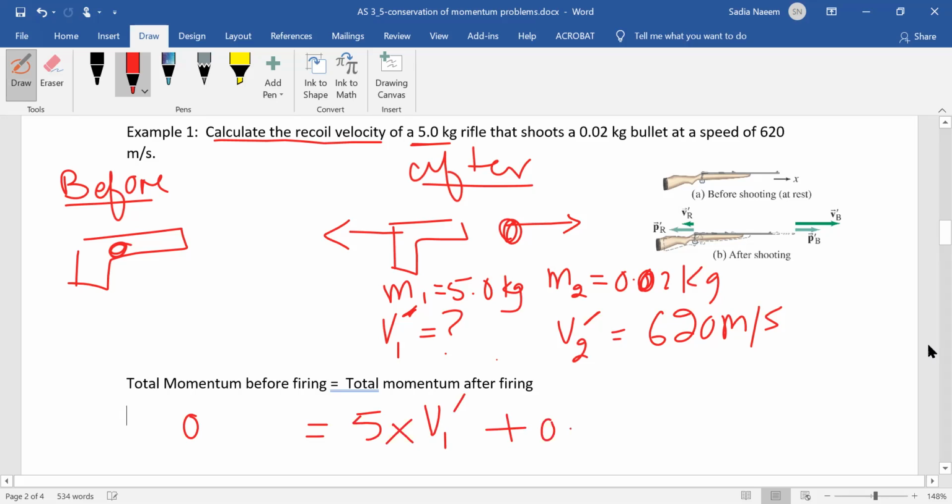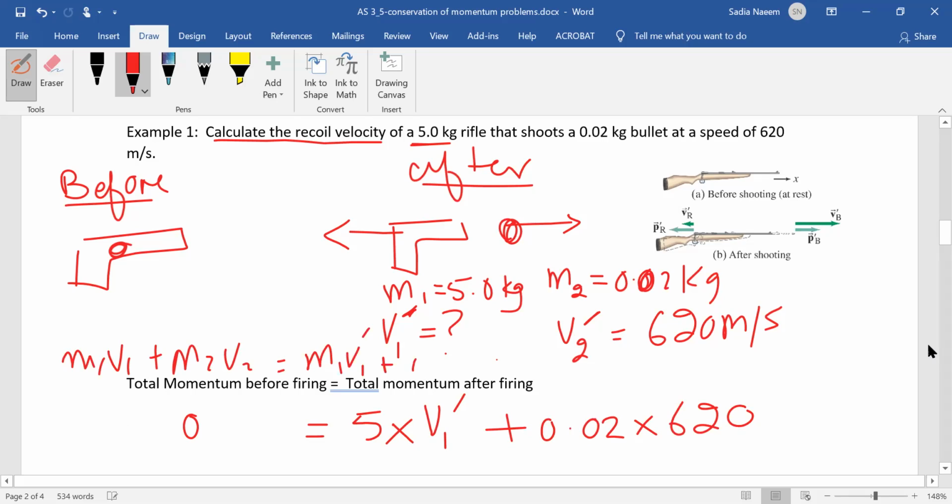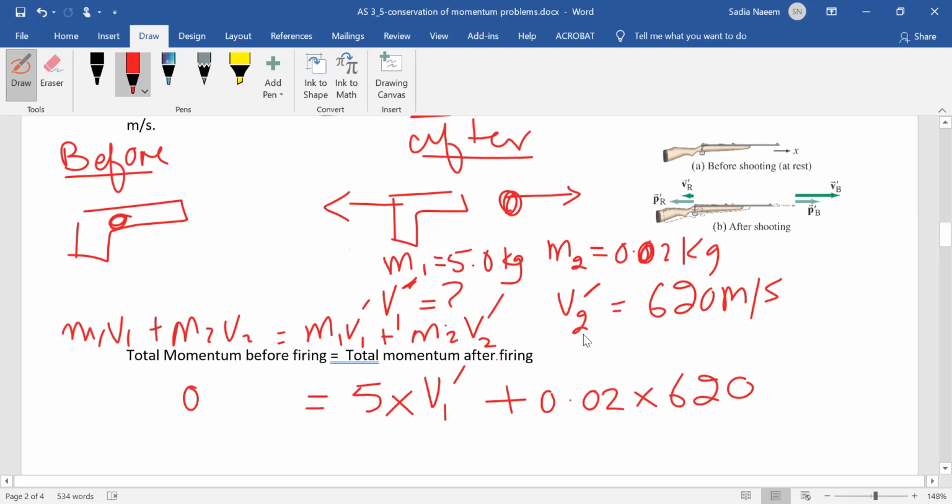M2 is 0.02 times 620. Is everybody clear what I did? This was the equation I gave you yesterday, m1v1 plus m2v2 equals m1v1 prime plus m2v2 prime. It's always a good idea to set it up from scratch like that, because in some problems the form will be a little bit different, as you will see in a minute.